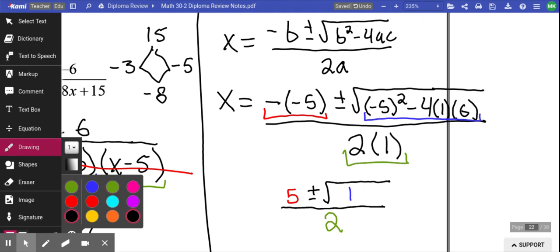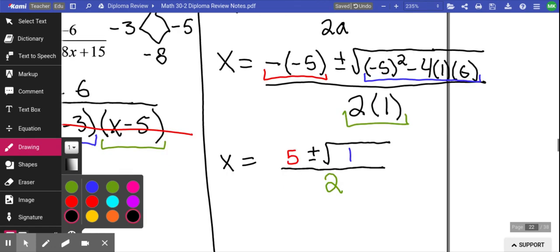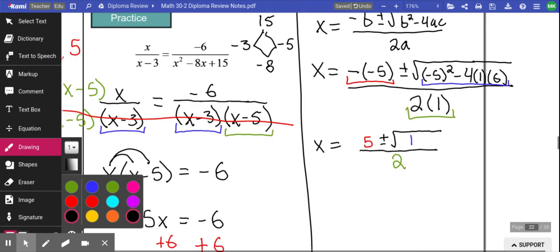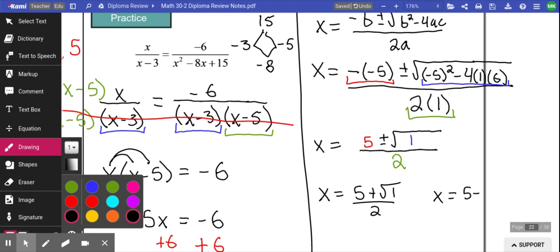So I now have x equals 5 plus root 1 divided by 2. I also have x equals 5 minus root 1 over 2. You need to do both. Even if it's a negative, you still have to go as far as you can.